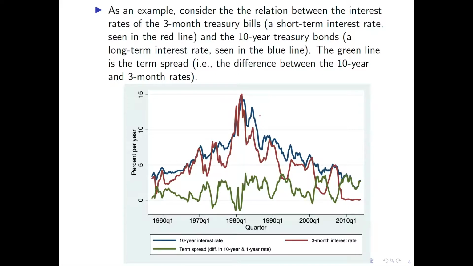So here we have the 10-year interest rate for a government loan in the US, and we have the 3-month interest rate for a government loan in the US. So this is the short interest rate, or the interest rate on a short maturity loan versus the interest rate on a long maturity loan. And the green line here is really the difference between these two interest rates.